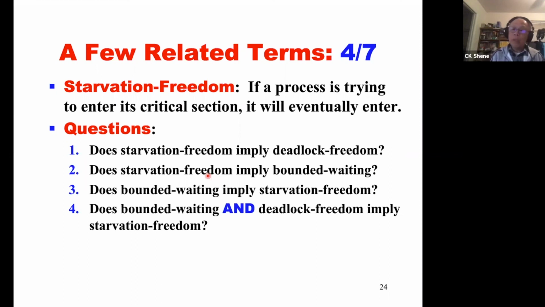So I may have to wait for 1,000,000 times, 1,000,000,000 times, 1,000,000,000,000 times, and eventually I can enter. Which also means it's weaker than the bounded waiting condition, because the bounded waiting condition has a bound. I do not have to wait for more than that number of times. In starvation free, I just say, I eventually can enter. It could be 1,000,000 years.